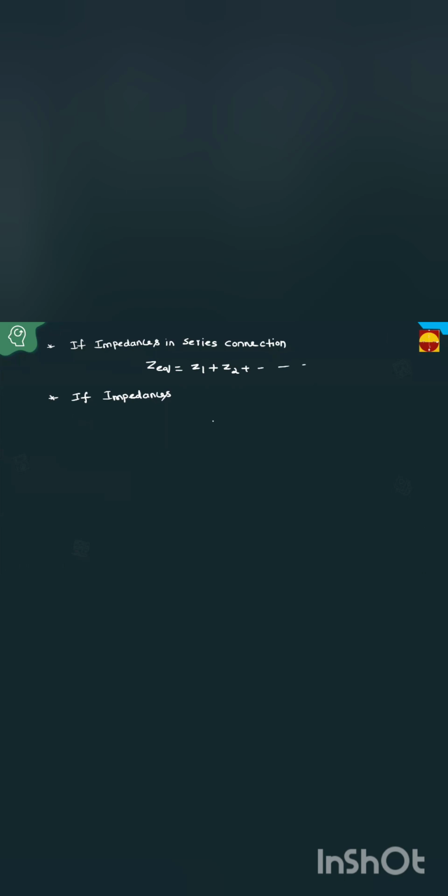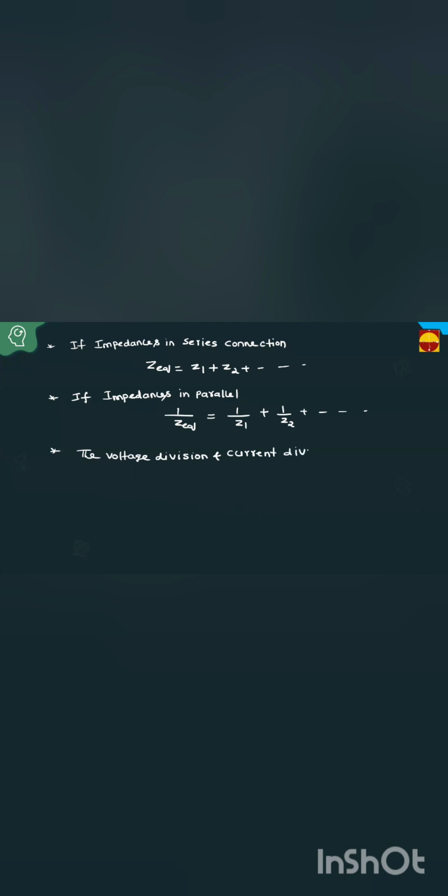If impedances are in parallel, then you have to write 1 by Z equivalent equals 1 by Z1 plus 1 by Z2 plus and so on. The voltage division and current division of impedances are similar to resistance.